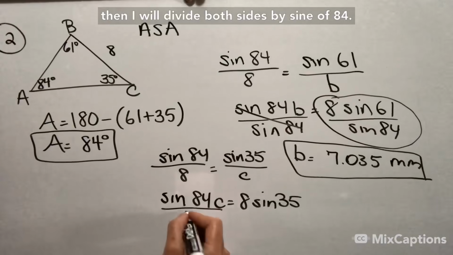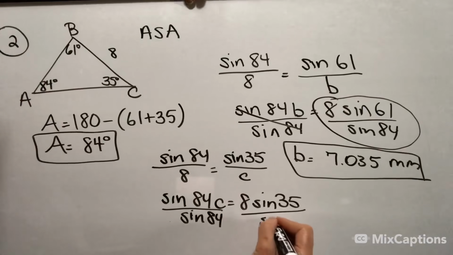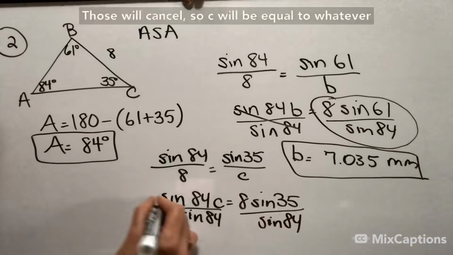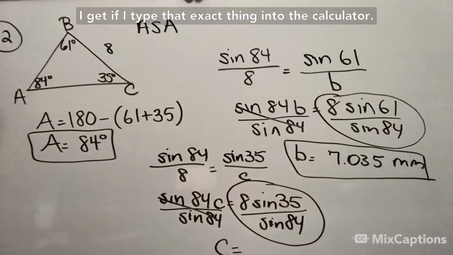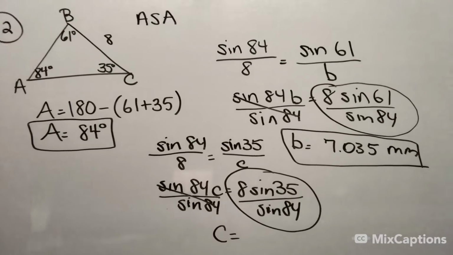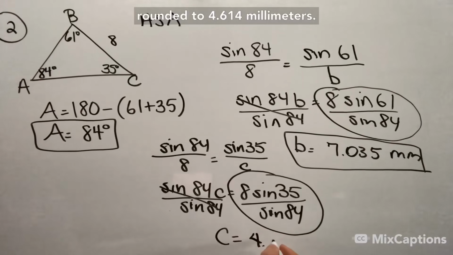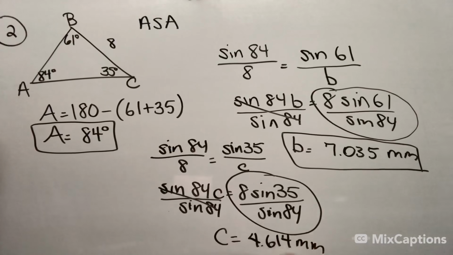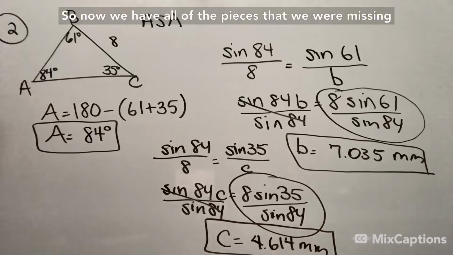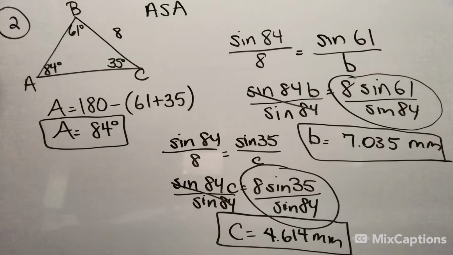And then I will divide both sides by sine of 84. Those will cancel, so c will be equal to whatever I get if I type that exact thing into the calculator. So I'm not going to do it, but it works out to be rounded to 4.614 millimeters. So now we have all of the pieces that we were missing. So that completes number 2.